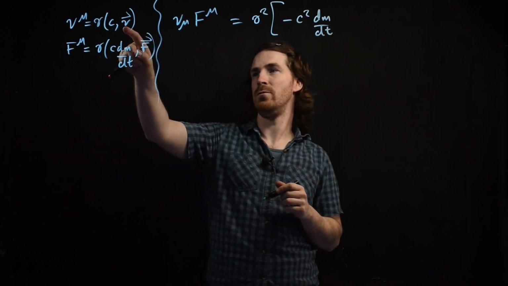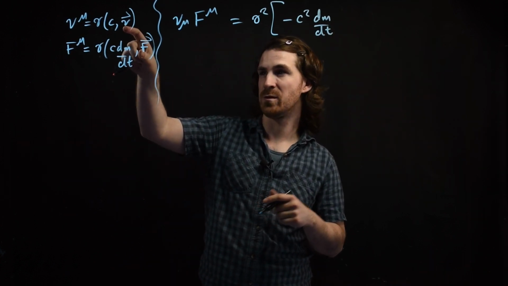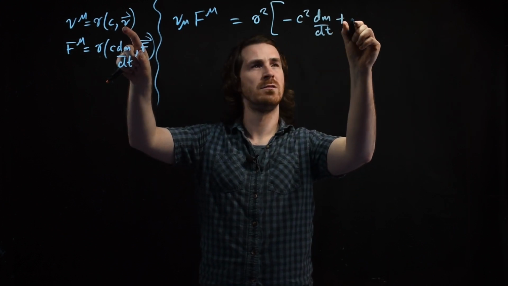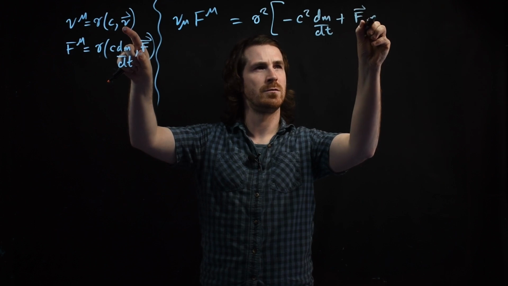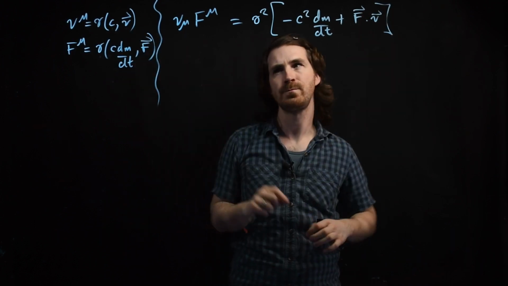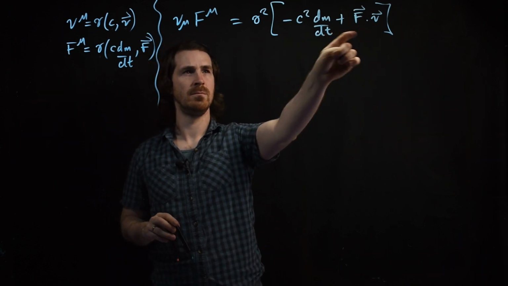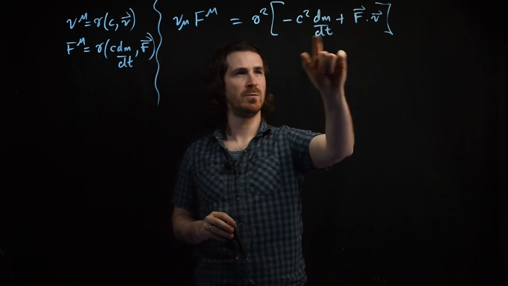And then we've got the spatial components with the spatial components with a plus from our metric. So this is plus f dot v. So this is a number. It's one number plus another number.